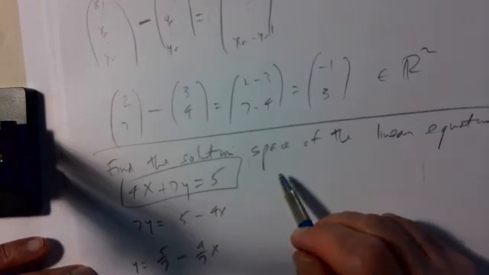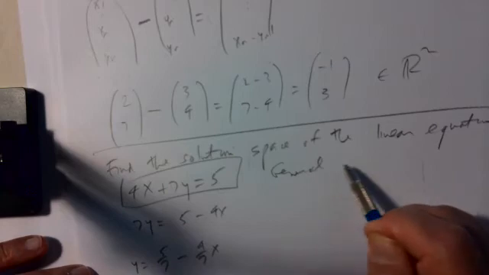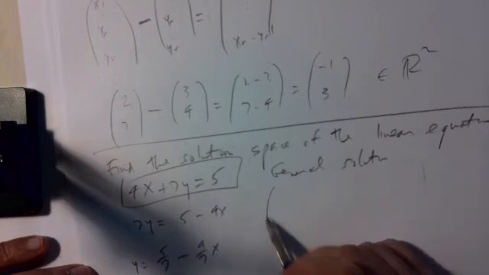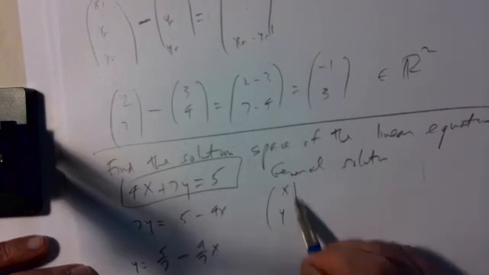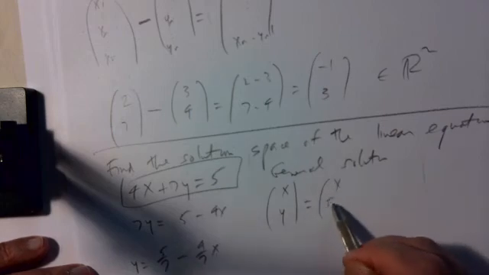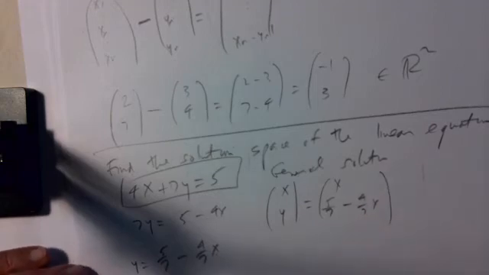So what is the general solution of this equation? Because no matter what I choose for x, this gives me a y. So this solution is x, and y is 5 over 7 minus 4 over 7 x.